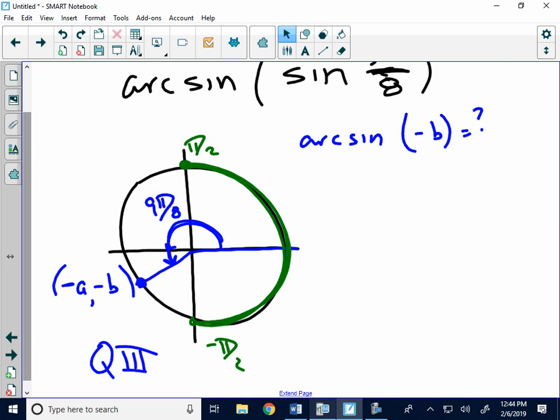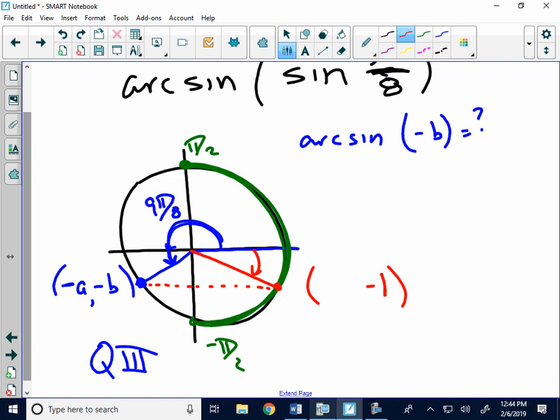No, yeah, I see it. It's over here. This one going this way has exactly the same y value. So the y value is going to be negative b. Anybody want to take a shot at what the x value is? By symmetry, you might guess, and you probably would guess, if this one is going negative a over, then this one is going to go positive a this way.